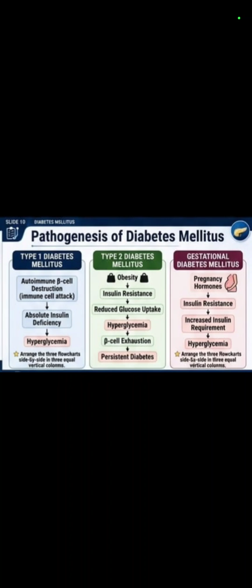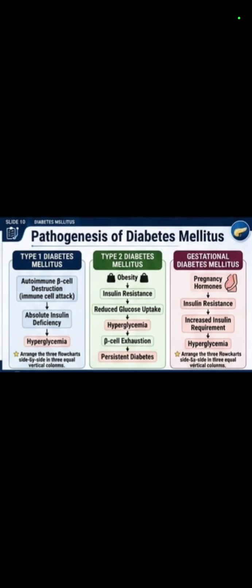Now let's understand the pathogenesis of diabetes. Type 1, as I already said, is autoimmune, in which the beta cells of the body are destroyed by the body's own immune cells, because it is immune mediated destruction. Then all the pancreatic beta cells will be damaged, causing absolute insulin deficiency leading to hyperglycemia. Whereas in type 2 diabetes mellitus, there is no such destruction of the beta cells of the pancreas.